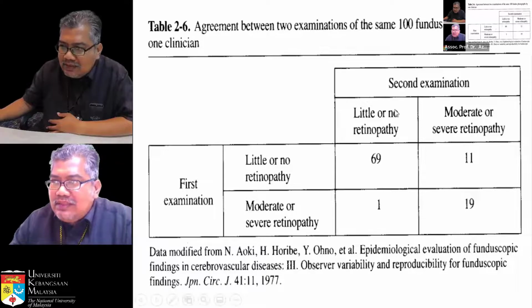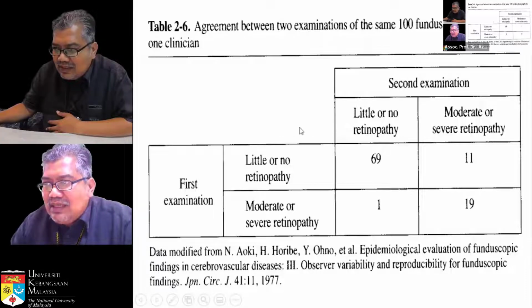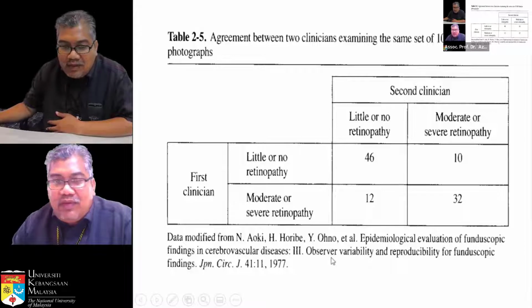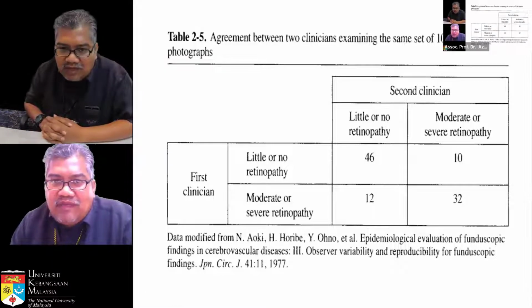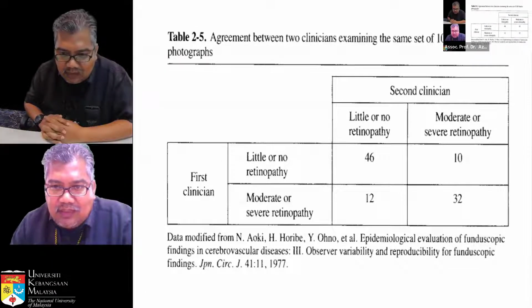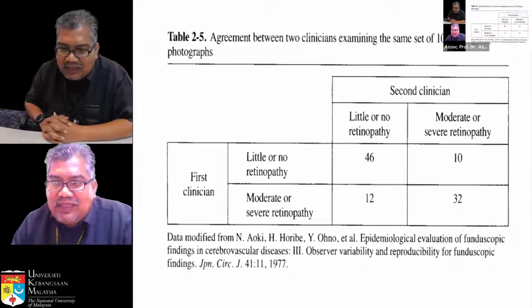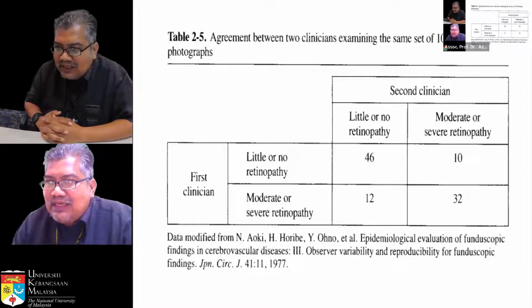So instead, you have to measure the agreement of the person between the first examination and the second examination and see whether it is reliable or not. That was one person with himself, but let's say you have two different persons, two ophthalmologists. Let's use the example of Prof. Jemima and Prof. Dr. Wan Haslina.